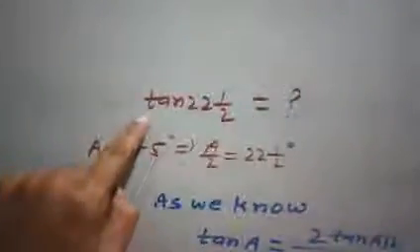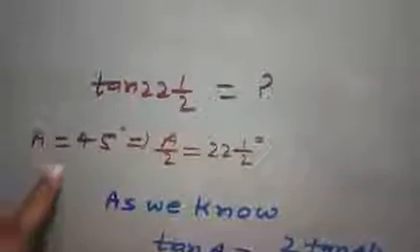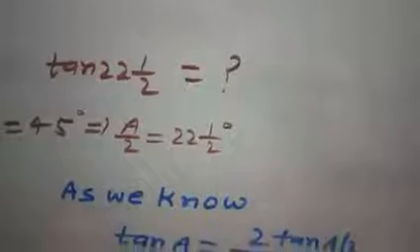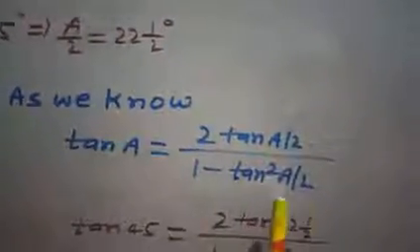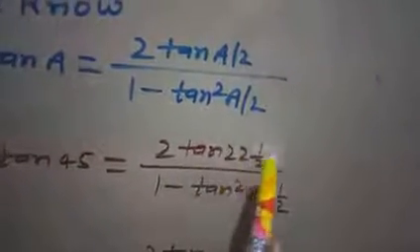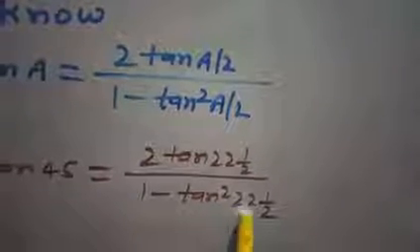In this sum we have to find tan 22.5 degree. So if A equals 45 degree, then naturally A by 2 equals 22.5 degree. As we know that tan A is equal to 2 tan A by 2 upon 1 minus tan square A by 2. It means tan 45 equals 2 tan 22.5, that is half of 45 degree, upon 1 minus tan square 22.5.